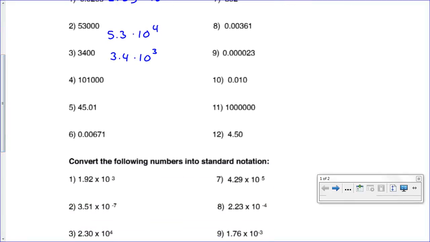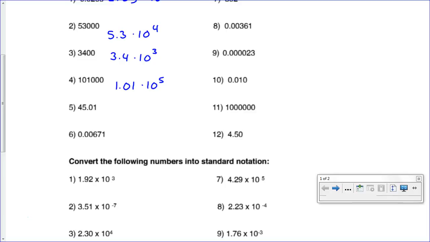Number 4 here, starting over here, this is another big number, so we'll have a positive exponent. We're moving it over 1, 2, 3, 4, 5 spots. So we get 1.01 times 10 to the +5, because that was a large number. Now 45.01. You might be thinking, 45, that's not a very big number.